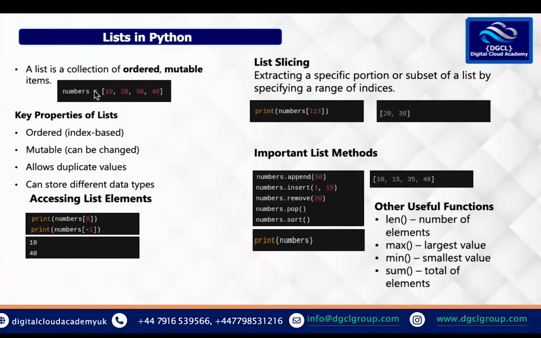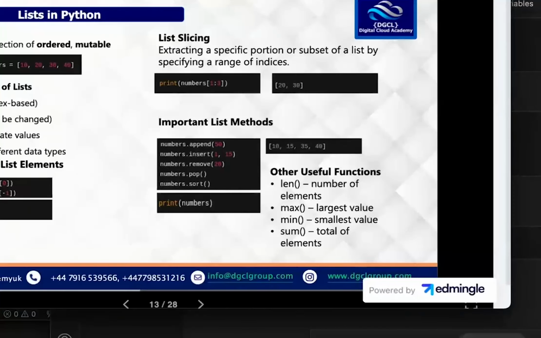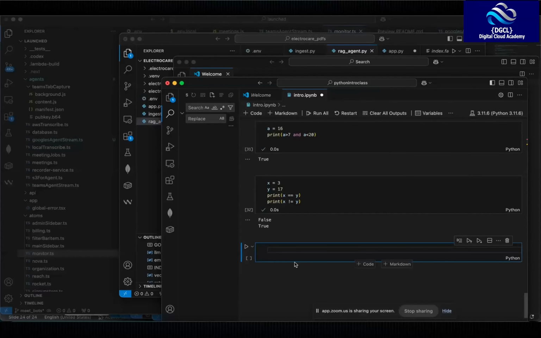So we can see this is an example of a list here. Let me give you that now. Let's do that in our VS Code. So let's say numbers is equal to a list. Lists use square brackets, just know that.